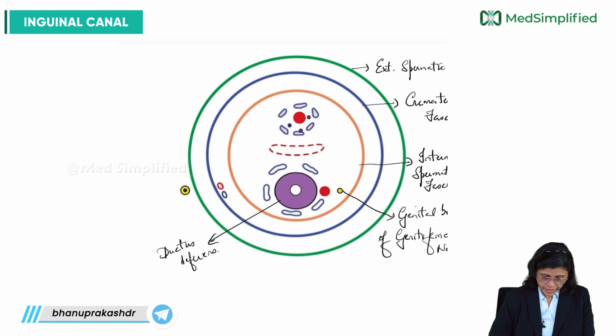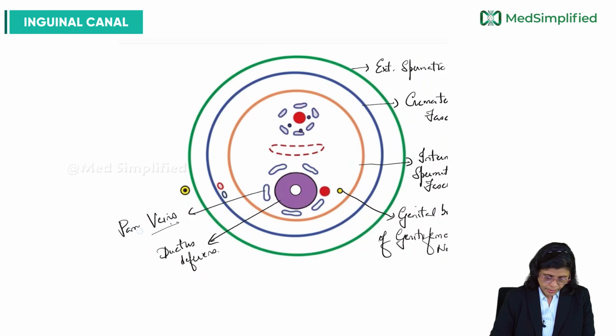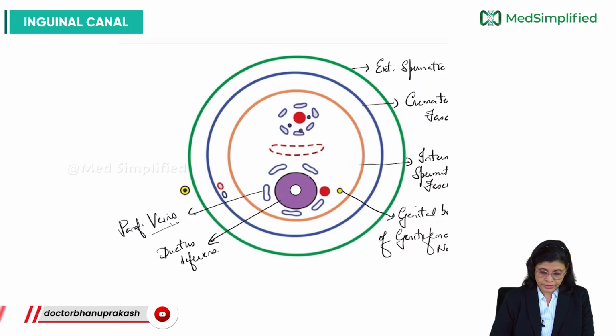Around that we see the pampiniform plexus of veins, these are all the veins, surrounding it. And this is the artery to the ductus deferens.